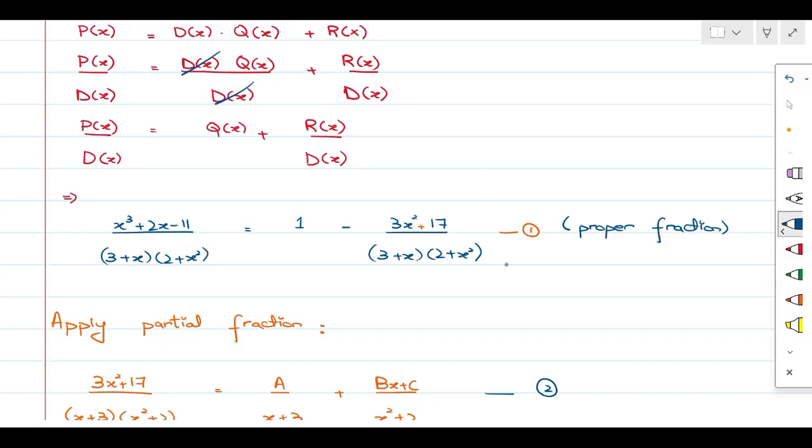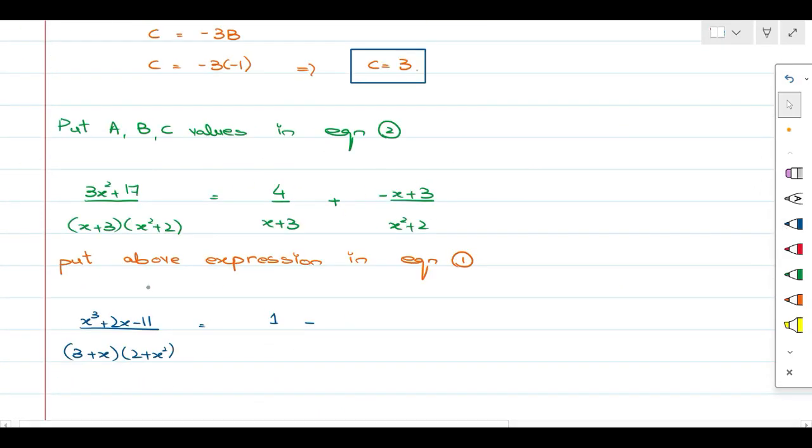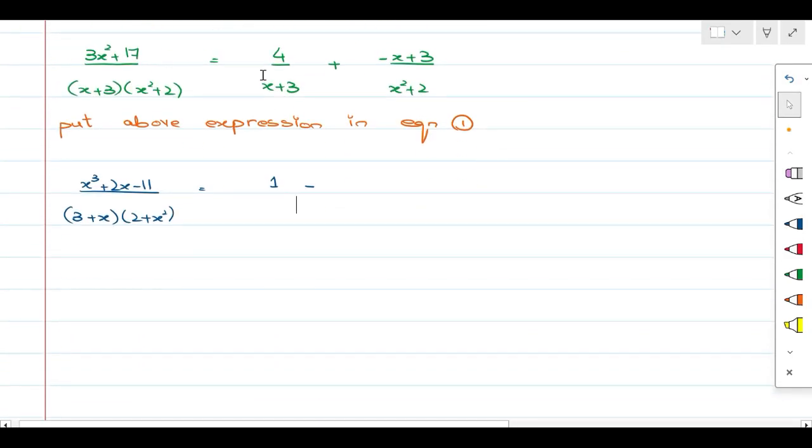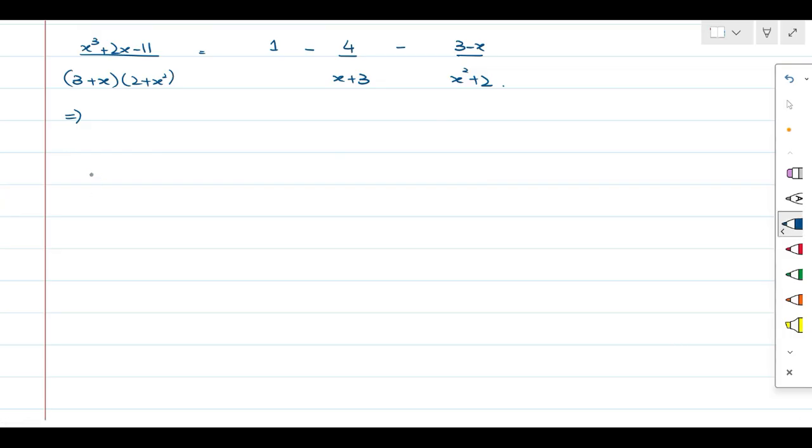So it means we have negative 4 over x plus 3 and negative 3 minus x over x square plus 2. Or if we simplify this expression, you will get x cube plus 2x minus 11 divided by 3 plus x into 2 plus x square.